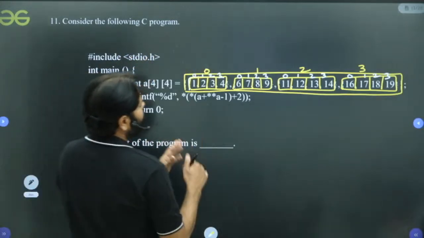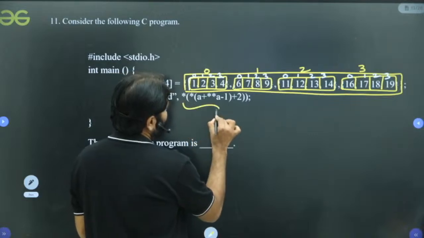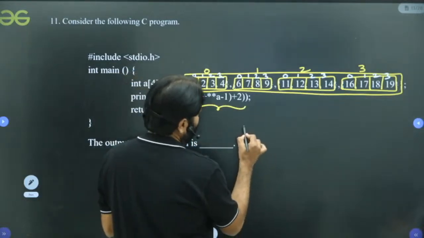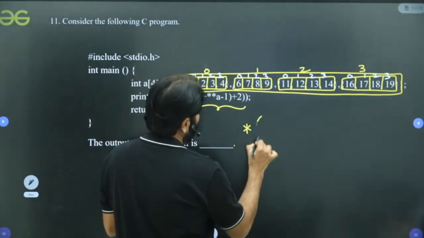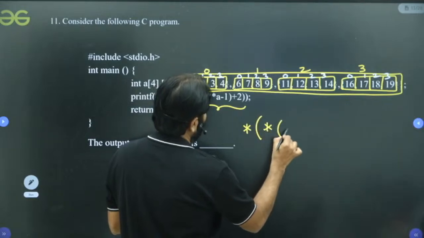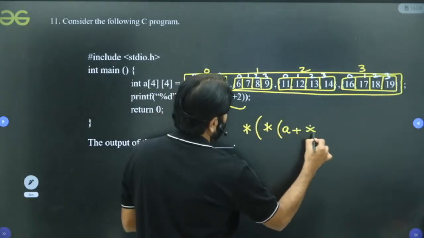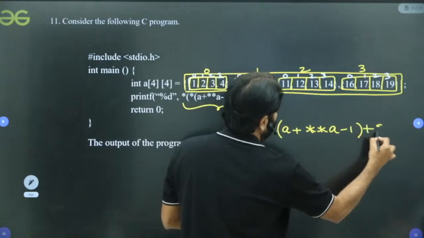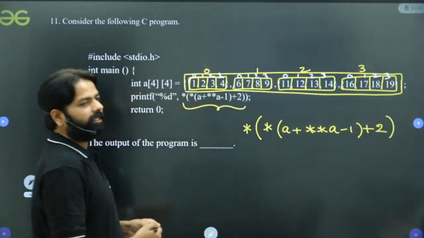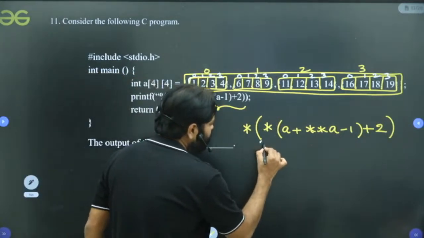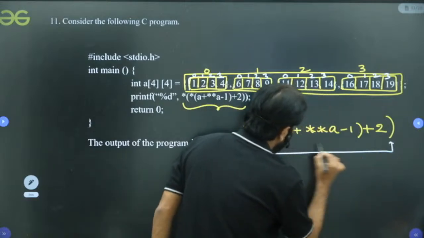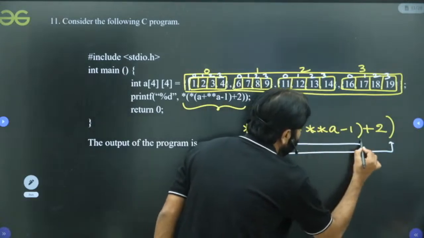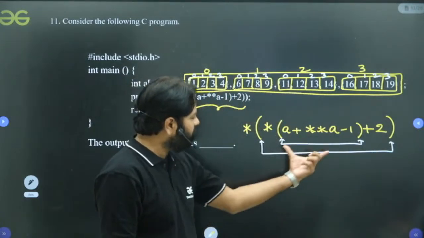Now, how do you look at this expression, star a plus, minus 1 plus 2? First look, there is a parenthesis here. To understand, first you should go here, right?